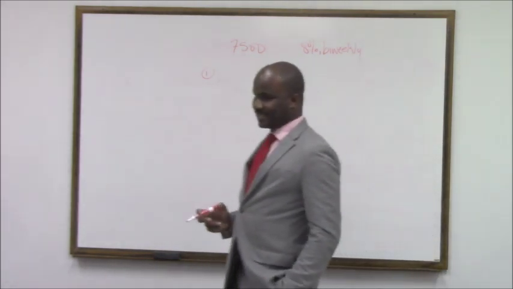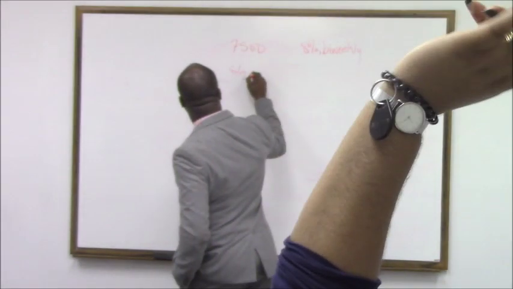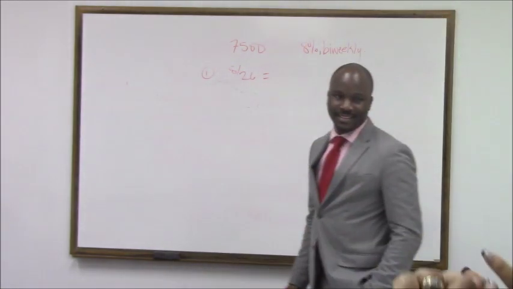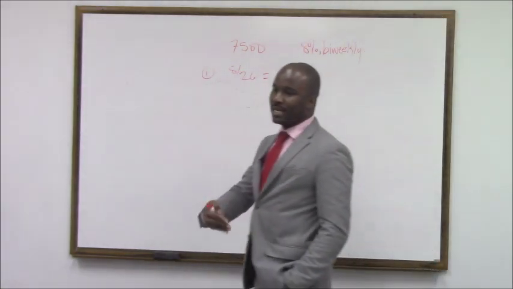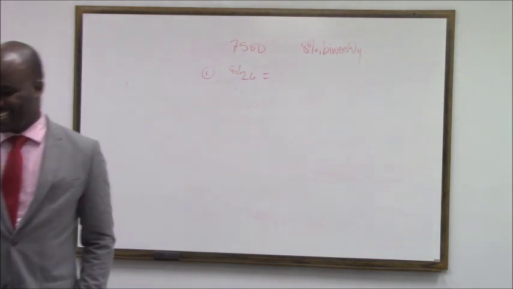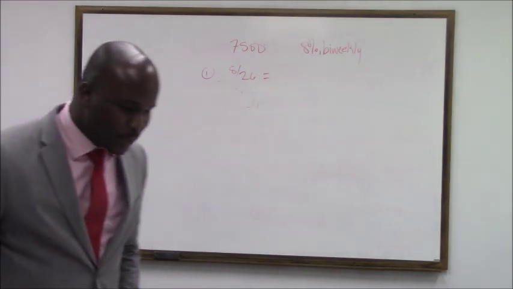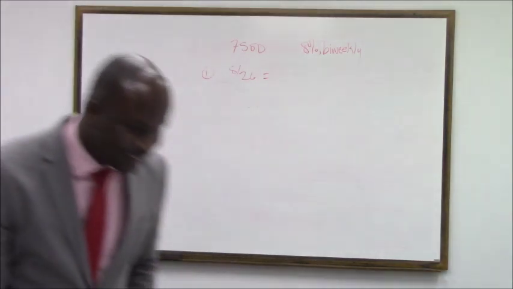So we divide the 8 by the 26 payments. Bi-weekly is every 2 weeks. How many every 2 weeks do you have in a year? I was on the right track, and then what happened?